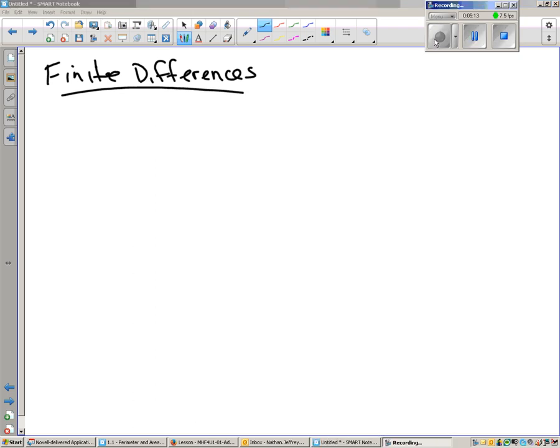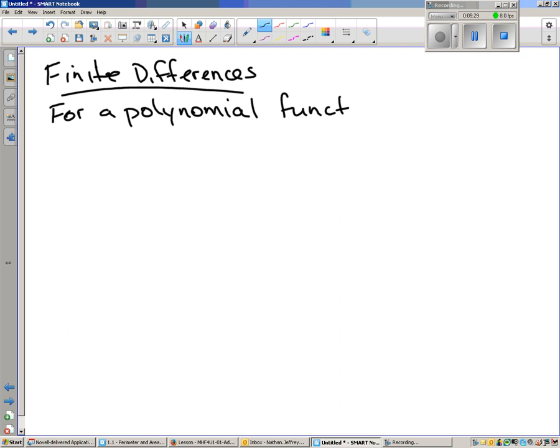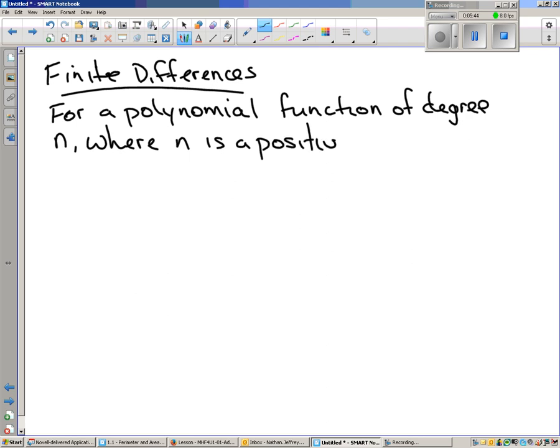Finite differences tells us that for a polynomial function of degree n, where n is a positive integer, so positive integer means 1, 2, 3, or 4.